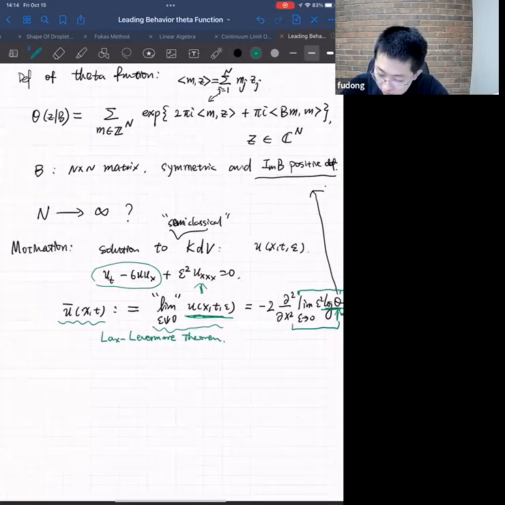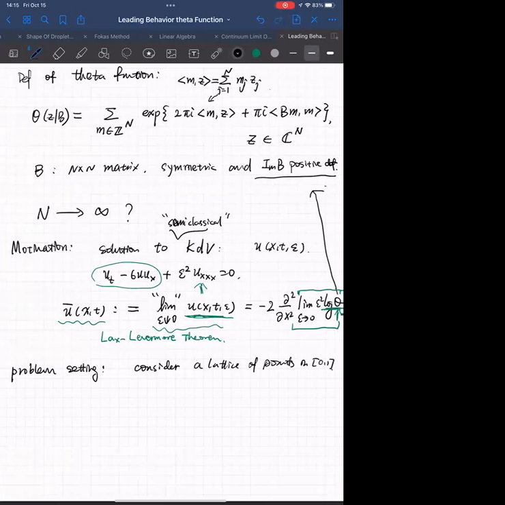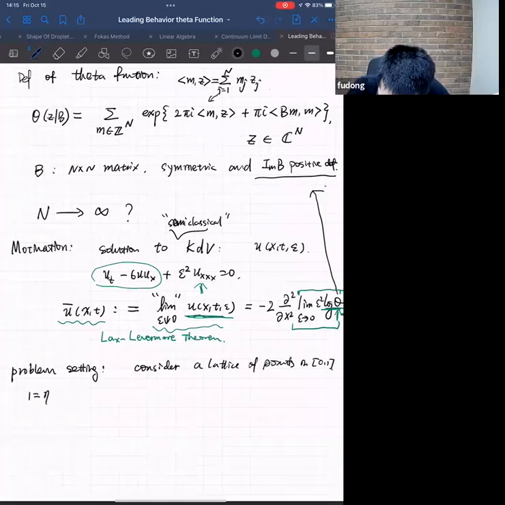Problem 16. We consider a lattice of points on the unit interval, denoted by eta 1 greater than eta 2, and greater than eta n.